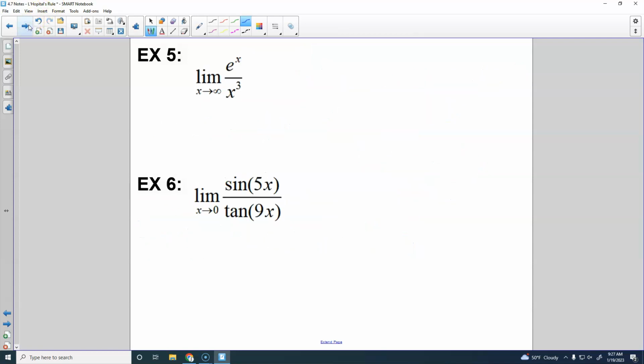Let's look at some more where the only way we really know how to do this is L'Hopital's rule.